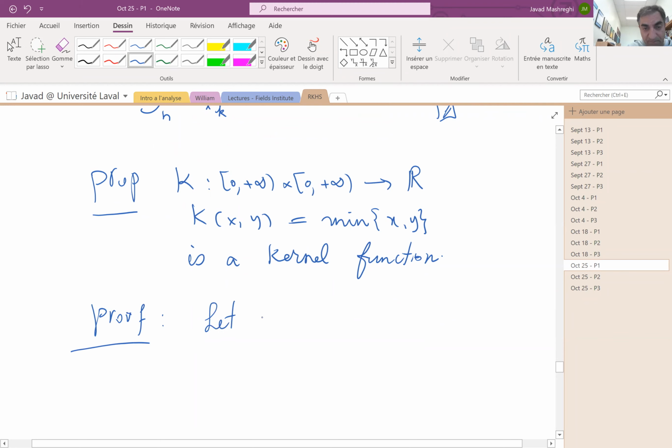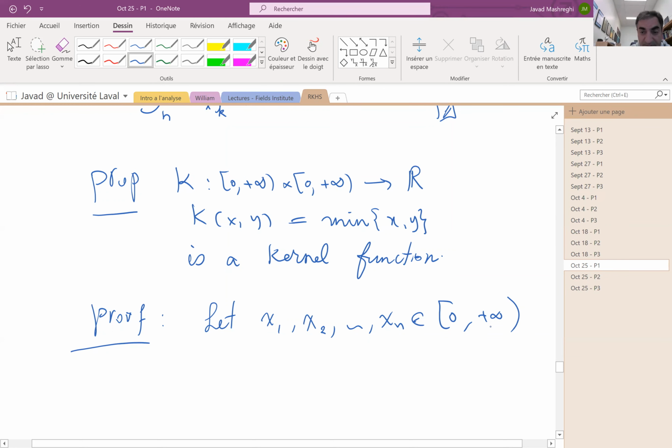So let x1, x2, up to xn be in the space X. X is here 0 up to infinity.